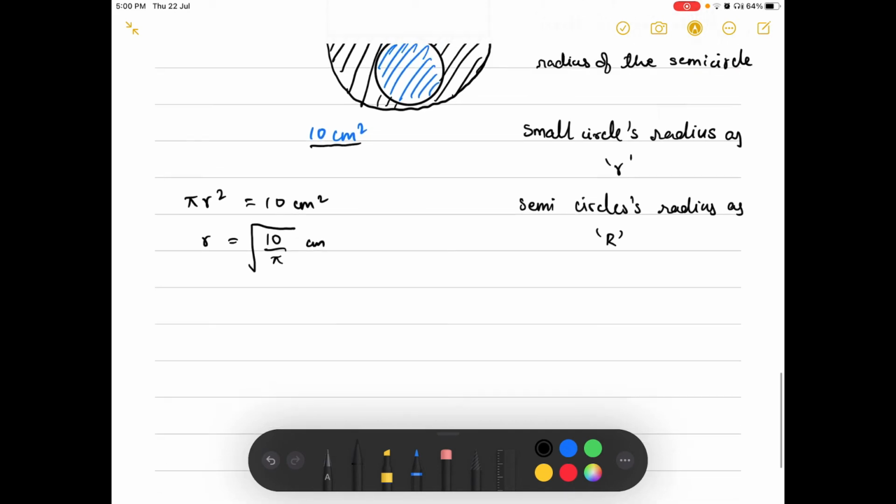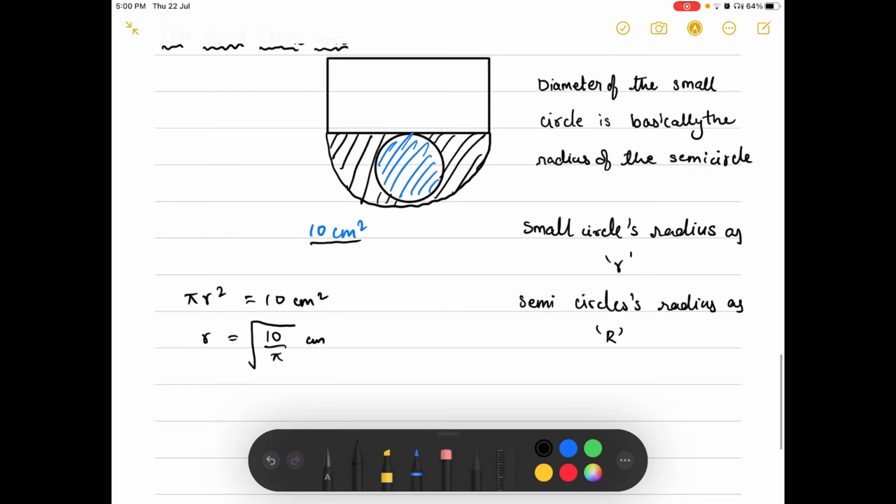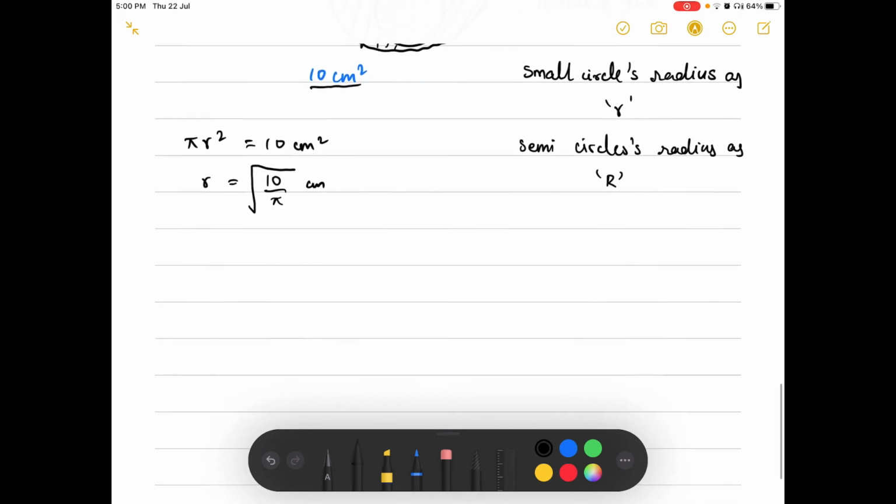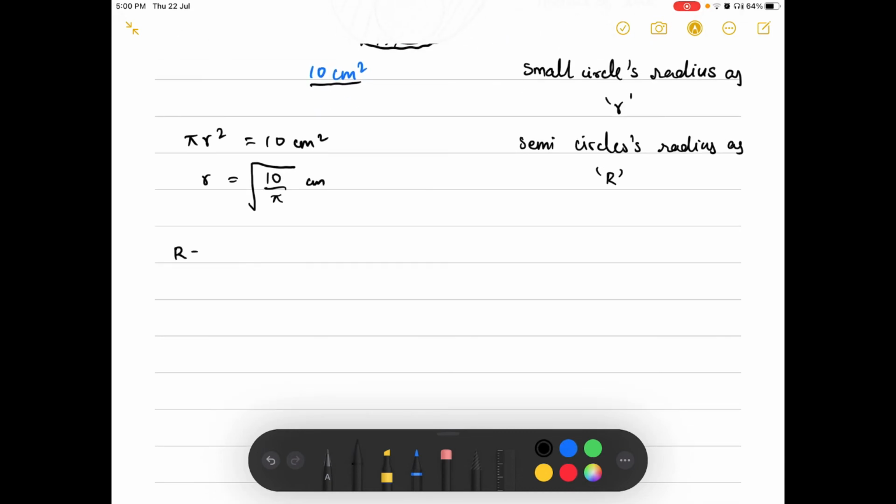Now we already know this information given right here. The diameter of the small circle is basically the radius of the semicircle. So now we can find out the radius capital R, which equals 2 times small r, which is 2 into root of 10 by pi centimeters.